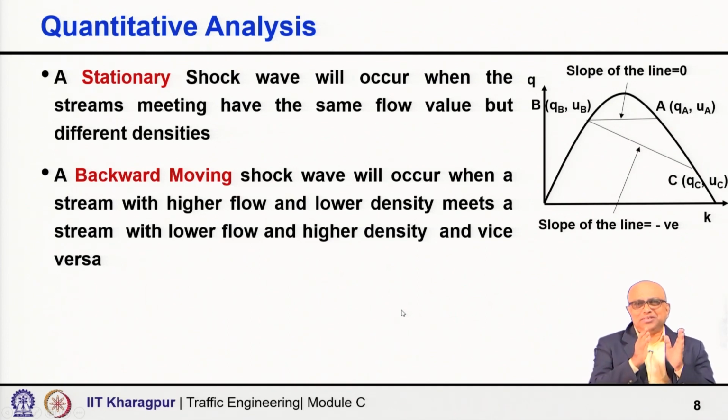So, on one side the traffic stream has higher flow, lower density, and on the other side lower flow, higher density.